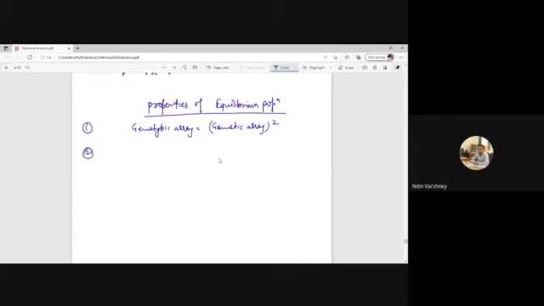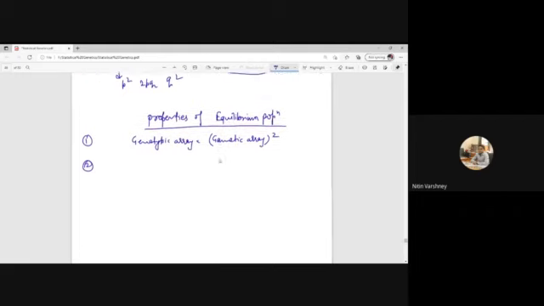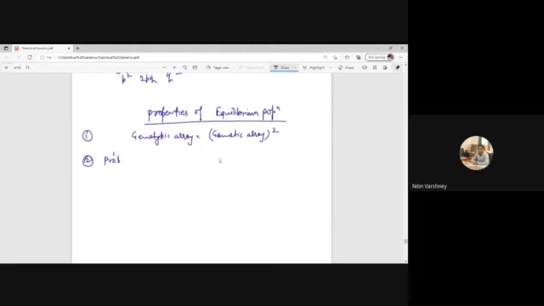And this concept is also the same, just like random union of gametes is equal to random mating of individuals. Then the second property is that the proportion of heterozygous, that is H equal to 2pq, never exceeds 0.5.